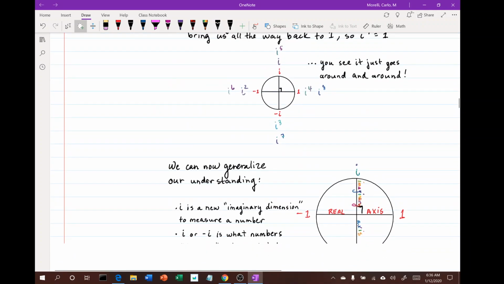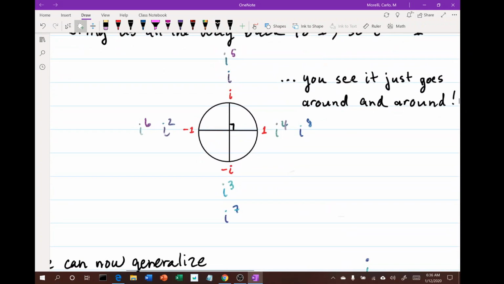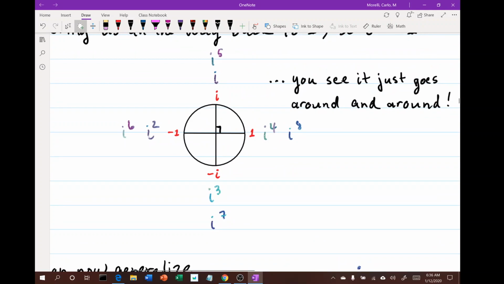So look here. This is really cool. You can see that this thing just goes round and around. So all we're going to do is start at 1 and just multiply by i forever. So 1 times i is i.